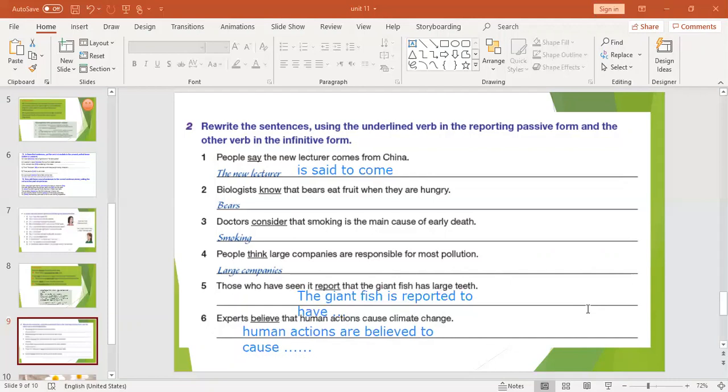Again, we are using the normal construction, a verb to be, past participle, to, and the infinitive form of the verb.